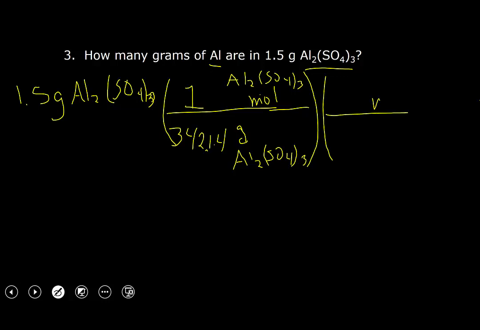So that's what I'm going to do. I'm going to put moles of aluminum up here. And then whatever units we have in the upper right, we put in the lower left. So moles of Al2(SO4)3. And now for every 1 mole of aluminum sulfate we have 2 moles of aluminum.